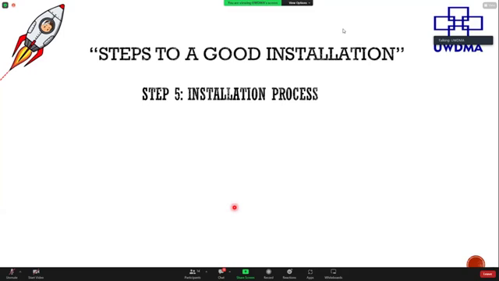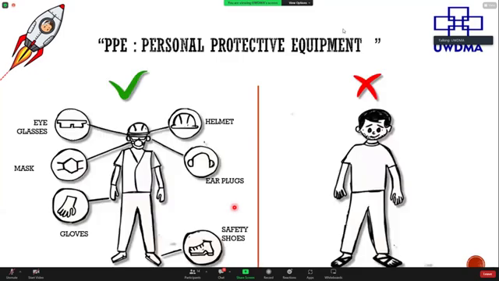Then now we are coming to the installation process. Firstly, foremostly, there should always be a PPE kit. Your installer should be wearing eyeglasses, helmet, mask. I mean, normally many people don't wear a mask. Earplugs maybe not.